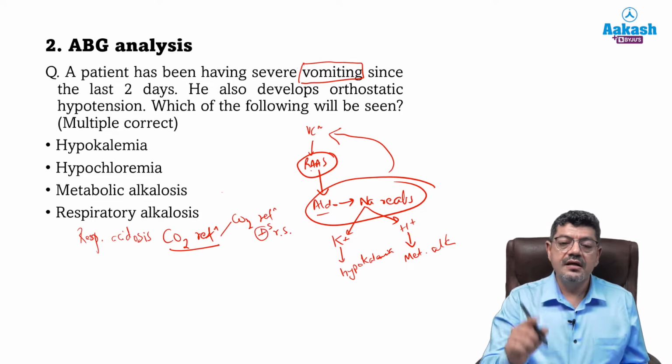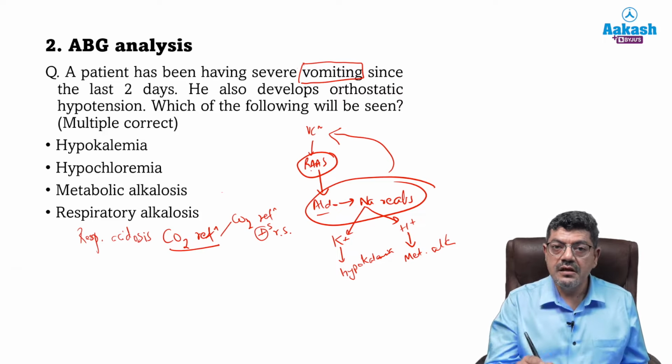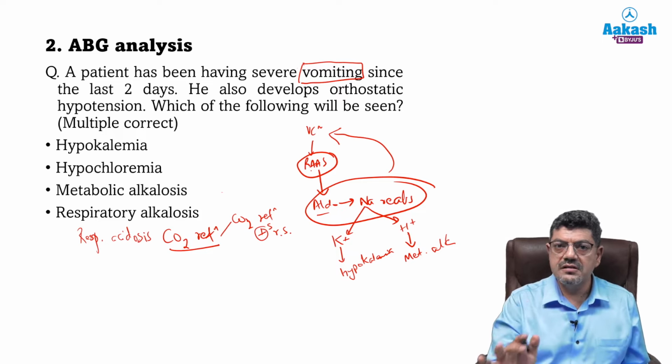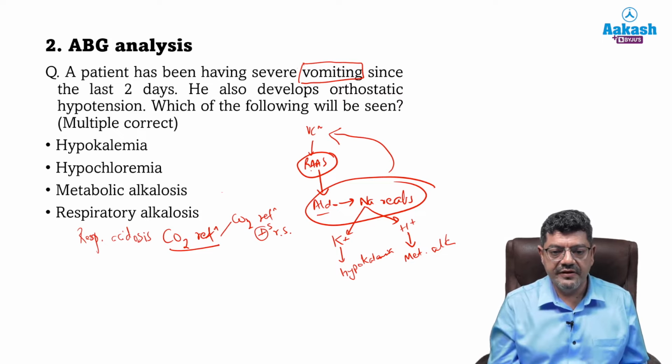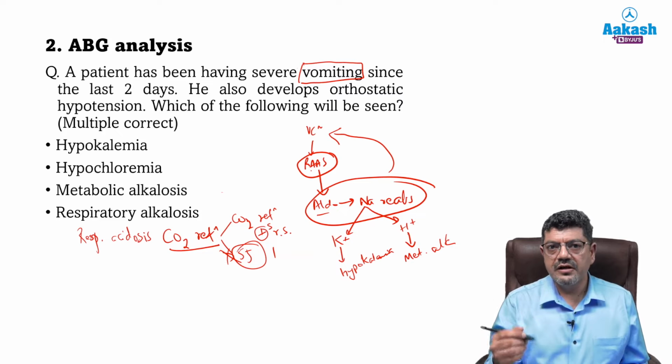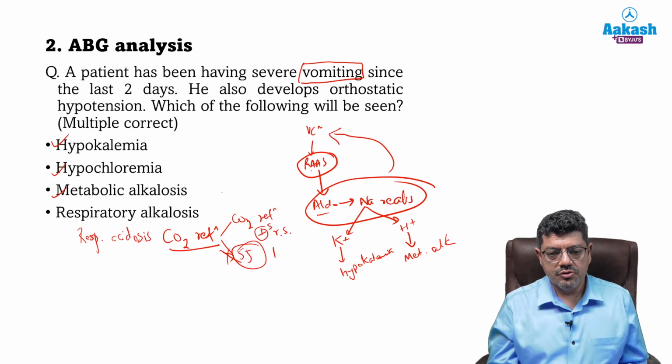I'll say that again. The awake, conscious individual never compensates for metabolic alkalosis. CO2 retention does not occur as compensation for metabolic alkalosis in the awake and conscious patient. Even when it does, PCO2 will never exceed 55. Okay, and the relationship is not linear. We've discussed that in greater detail where we've discussed metabolic alkalosis in the ABG section, right? So these three were the options that you should have chosen, right?